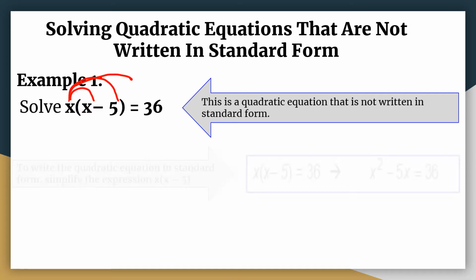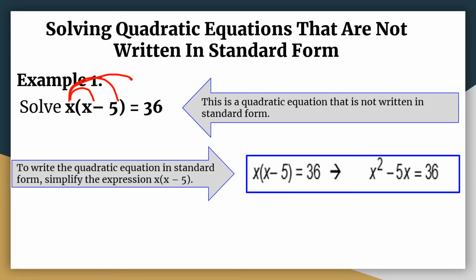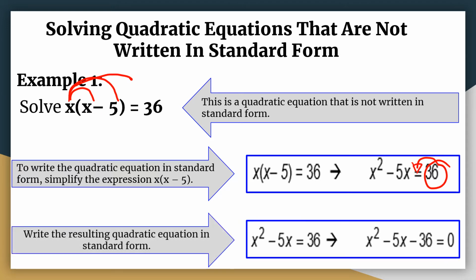So we're going to have x squared minus 5x equals 36. And then we're simply going to transpose this 36 to the left, which will make it negative. That is x squared minus 5x minus 36 equals 0. Since our given is now written in standard form and is a quadratic equation, we can already get its roots.